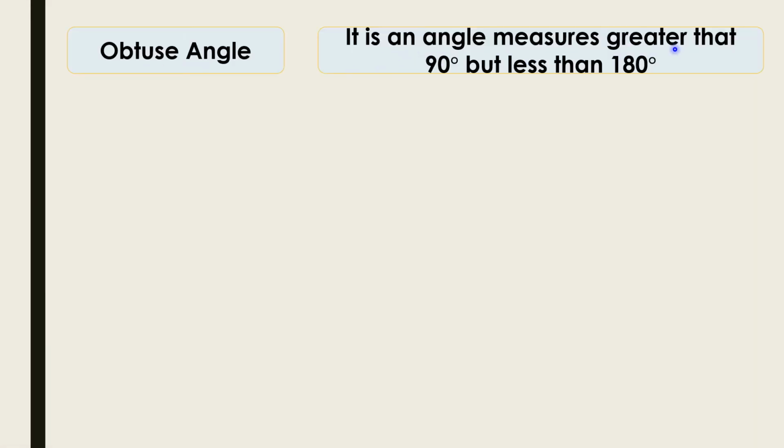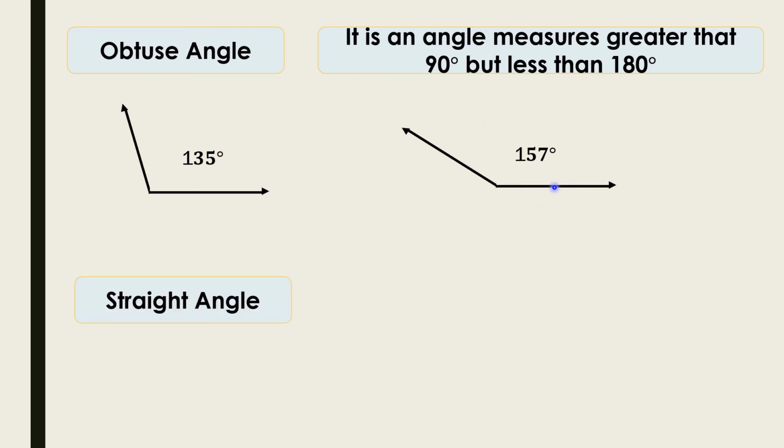It is an angle that measures greater than 90 but less than 180. So what is that? 135, as you notice, is greater than 90 but less than 180 degrees. Another example is 157 degrees.